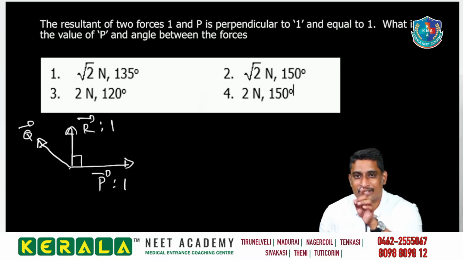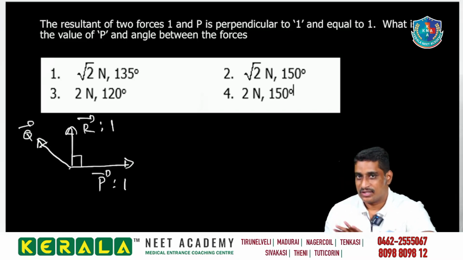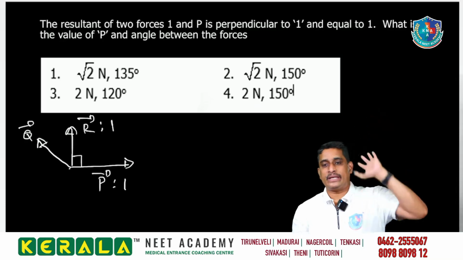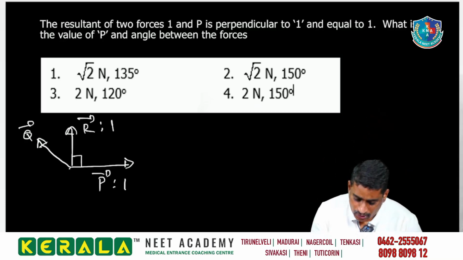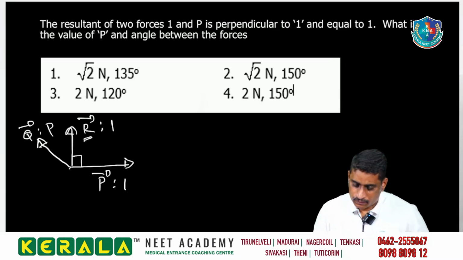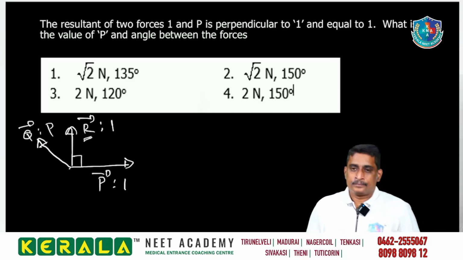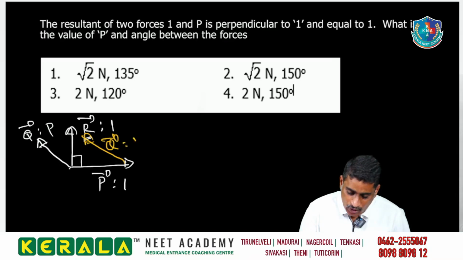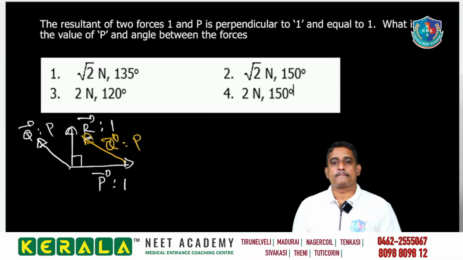So if the resultant makes an angle of 90 degrees with one of the vectors, the angle between these two vectors definitely should come out to be more than 90 degrees. So here Q bar magnitude is given as p. So this is Q bar of magnitude p.